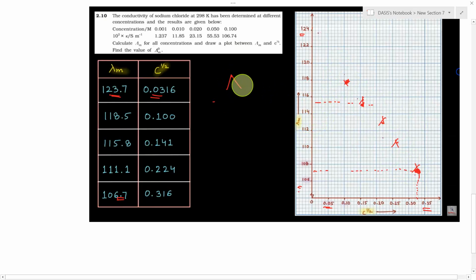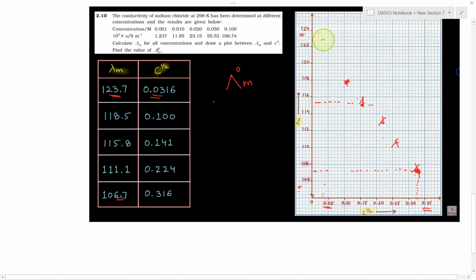We have to go for the limiting molar conductivity. As we know, NaCl being a strong electrolyte, if we extrapolate this line, we will get the limiting molar conductivity, right? The last value given here is 123.7. This line is 123.7, and that goes to 0.0316. This is 0.05, so let me take this 0.03 here. From here, the line will be somewhere here, and the end point will be 123.7.